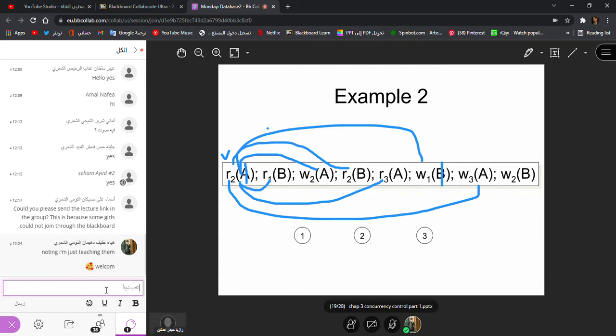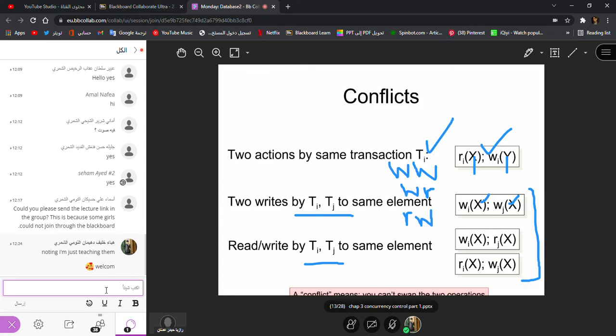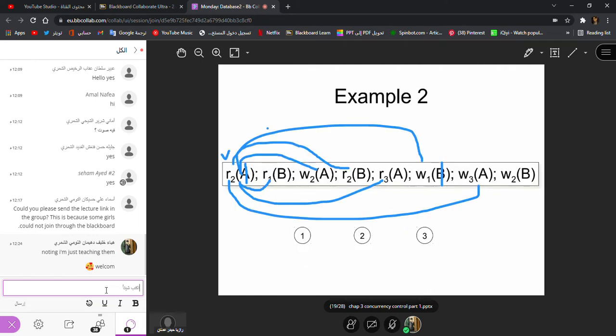Now see this. Is it the same case or no? Transaction 1 is reading on A and transaction 3 is writing on A. So it's a conflict. Whenever there is a conflict, we will draw a line from that to that.